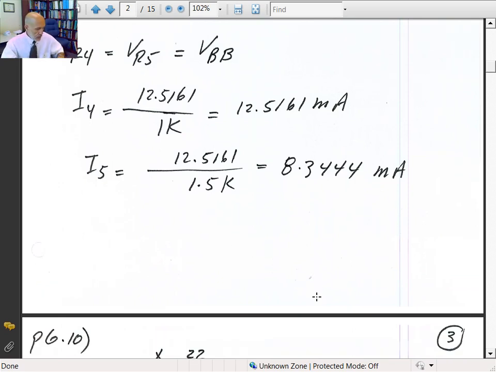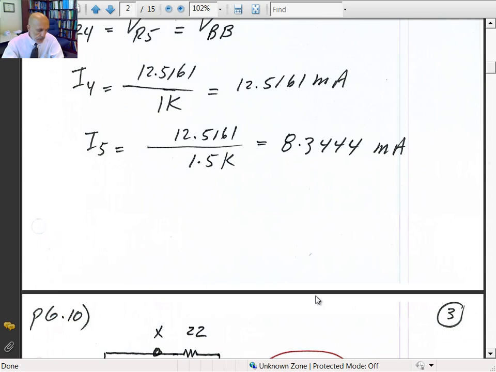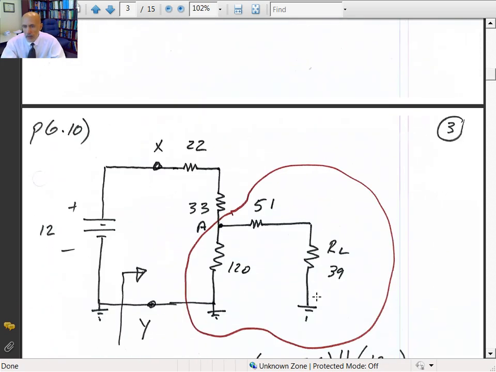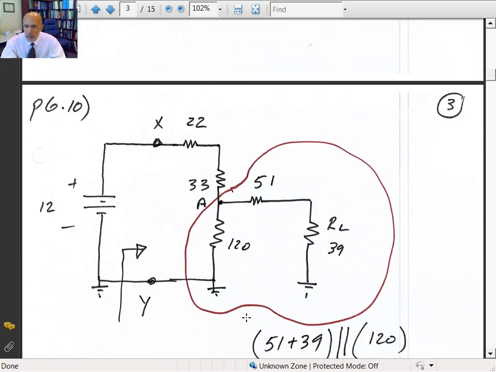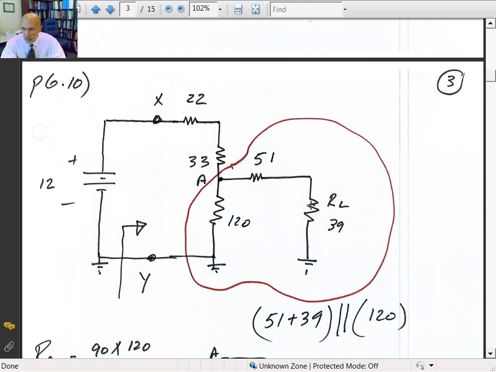Next problem is number 10. It says derive the series equivalent circuit for the figure shown in figure 6.46b. When they talk about deriving the series equivalent circuit, you're looking at points X and Y. So if I look at that, 51 and 39 are connected in series, and that's in parallel with 120.